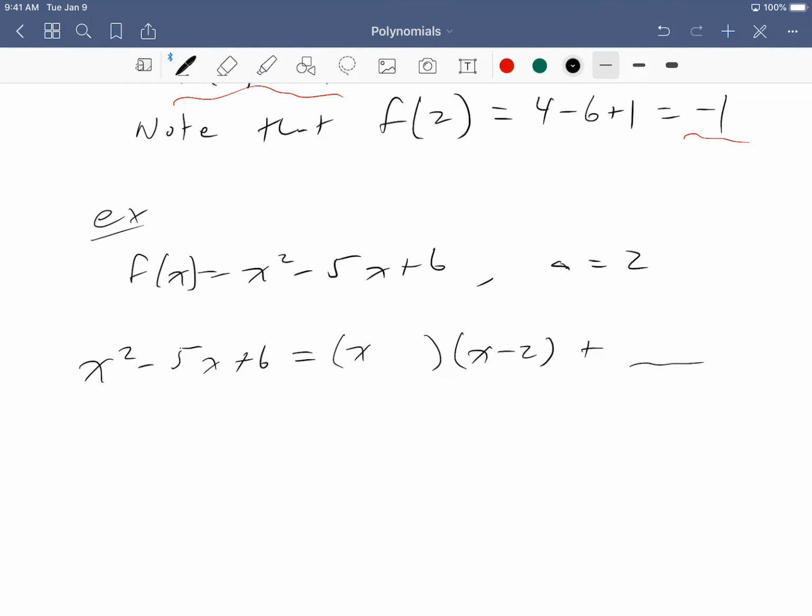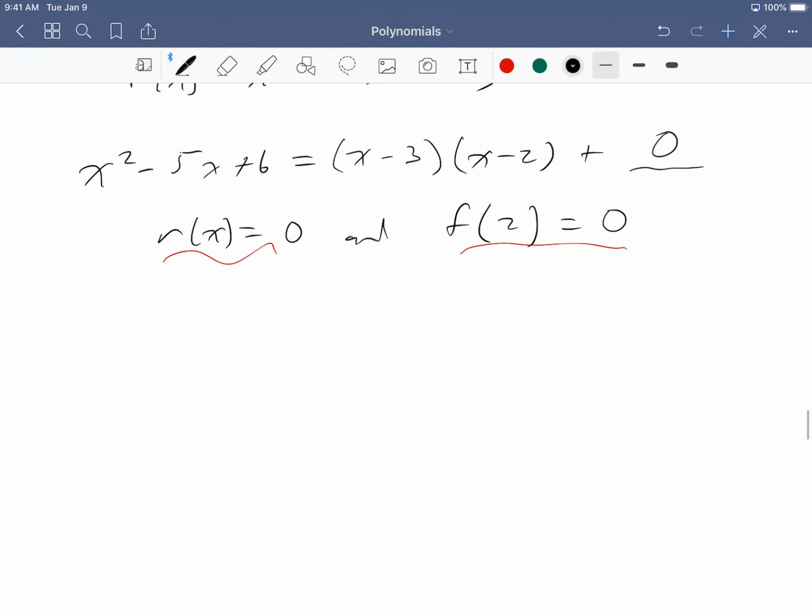This time it factors evenly, so what I get is x minus 3 and a remainder of 0. So my r of x in this case is 0, and if you try plugging 2 into f, you get that f of 2 is 0. And so again, we get this matching thing.